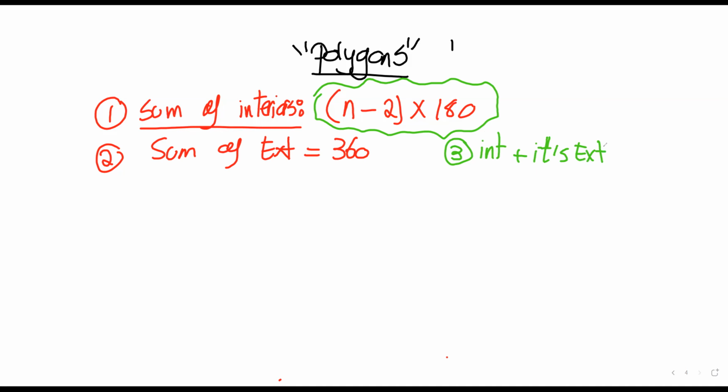Any interior angle plus الexterior بتاعتها السم بتاعهم is equal to 180 degrees. So this is the only rule that you have to memorize for all sort of polygons.